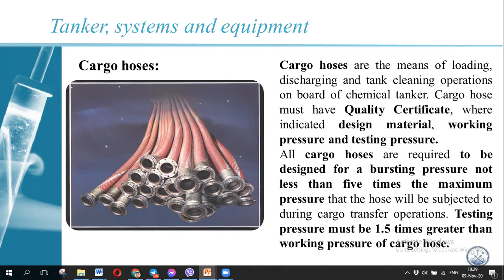Also, you must have the quality certificate for this cargo hose. This quality certificate tells you the design material, working pressure, and what cargo you can carry. If it is chemical resistant, you can use it for chemicals. If it is not chemical resistant, you cannot use it for chemicals.